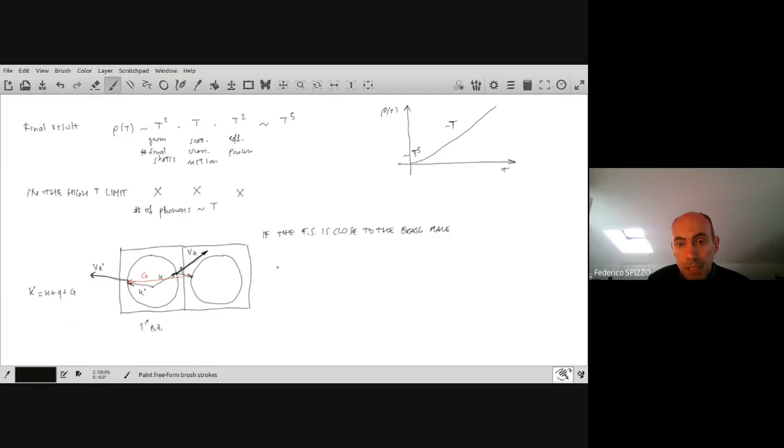So in this case, the effectivity of the process does not scale with T to the power of 2. So here we have a strong contribution for what concerns the collision on the velocity of the electron, even if the modulus of the exchange wave vector is very low.